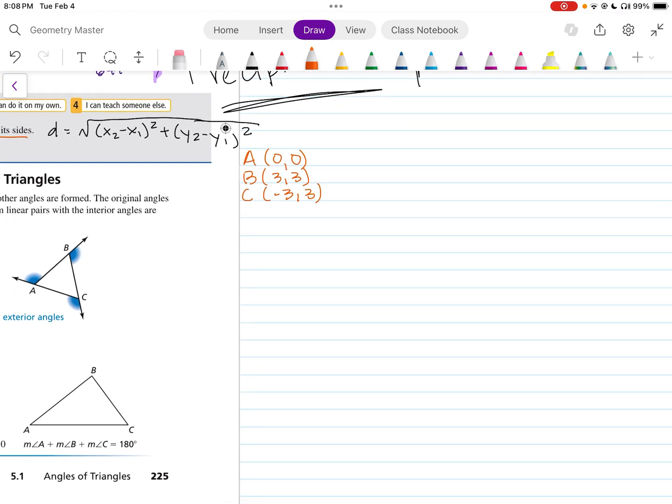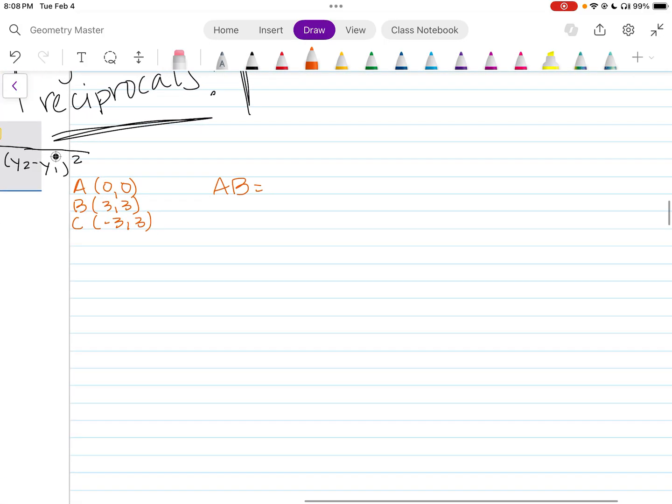So I'm going to find the distance of AB, and that's going to be the square root of 3 minus 0 squared plus 3 minus 0 squared, which is the square root of 9 plus 9, which is the square root of 18.